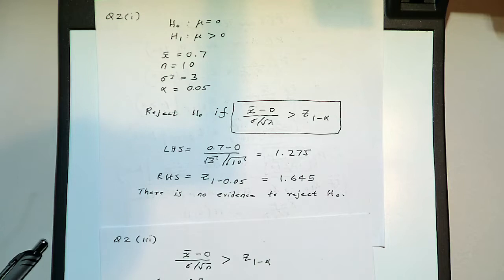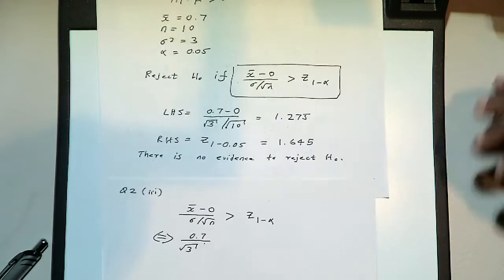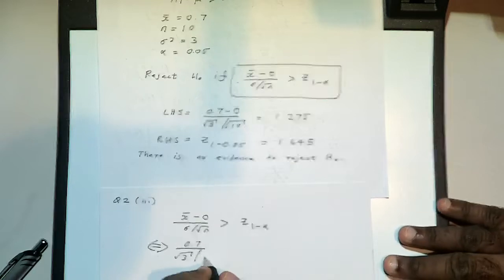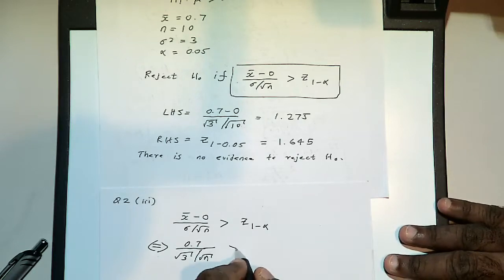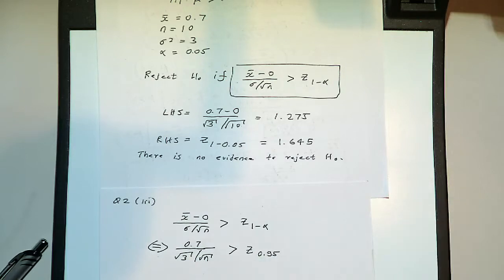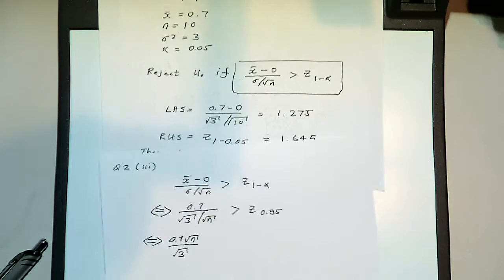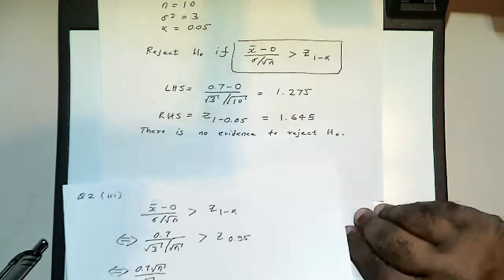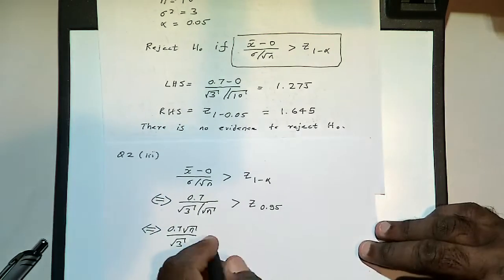Sigma is root of 3. We don't know what n is. 5%, all right, so that's what we have. So this is root of n times 0.7 divided by root 3, greater than this guy here.